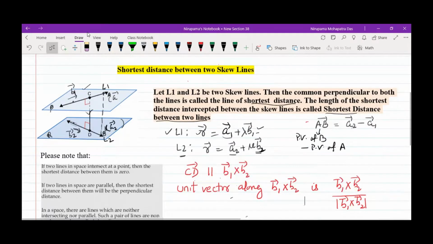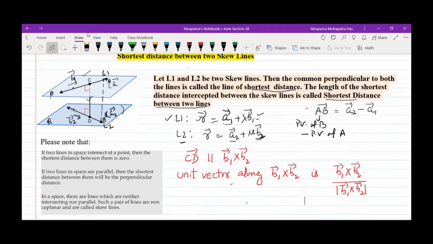Now focus on the image only. Here in this image, CD, as we have seen in the GeoGebra applet also, is perpendicular to both lines. This is the common perpendicular. For the two skew lines L1 and L2, the common perpendicular to both lines is called the line of shortest distance. It means in this image, CD is the line of shortest distance.